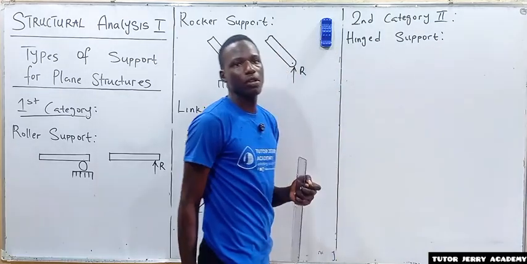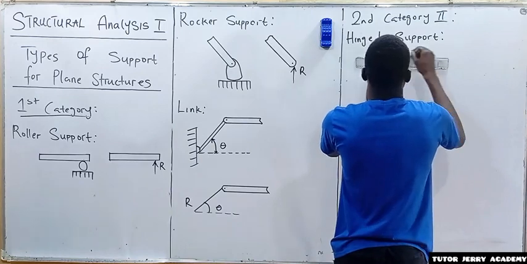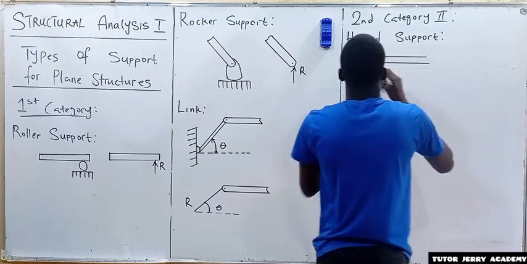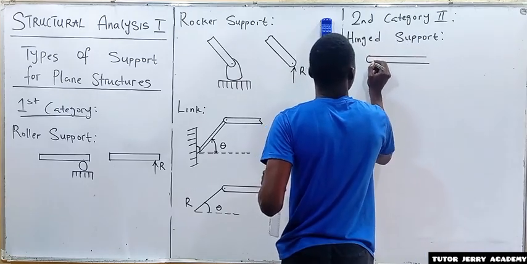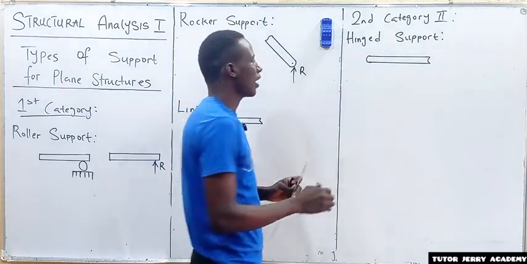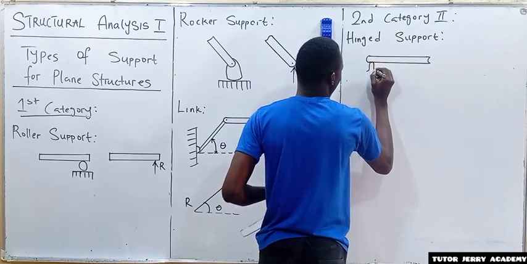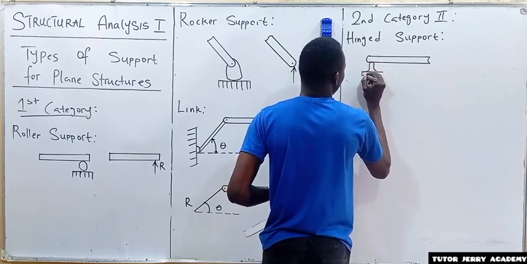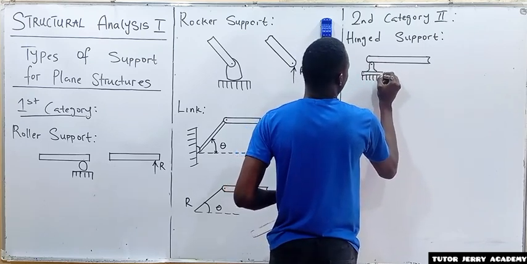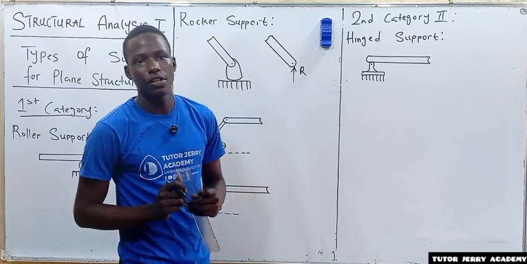How does a hinge support look like? All right, we have the beam here, and then we have the hinge support. All right, so this is the diagram of a hinge support.